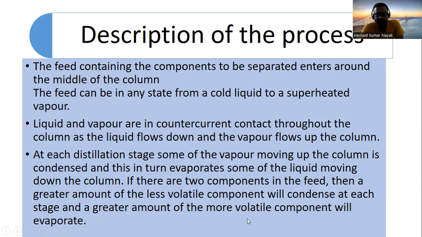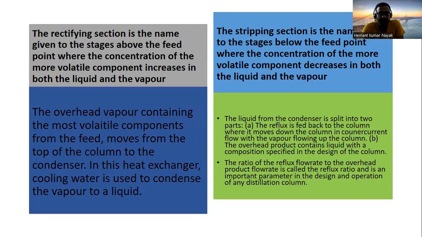In this way, we can separate in the distillation column based on volatility, which is related to boiling point. The rectifying section is the name given to the stages above the feed, where the concentration of the more volatile component increases in both the liquid and the vapor.